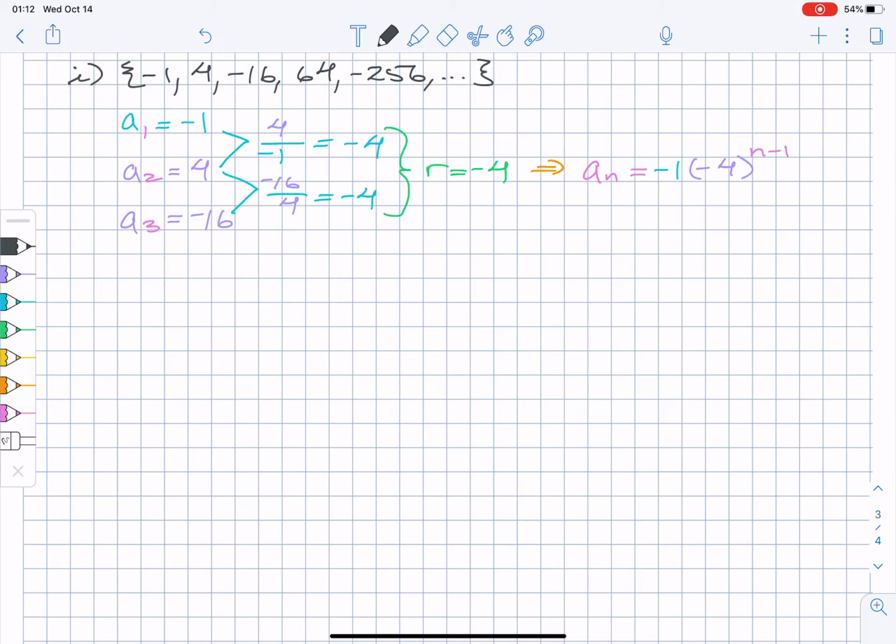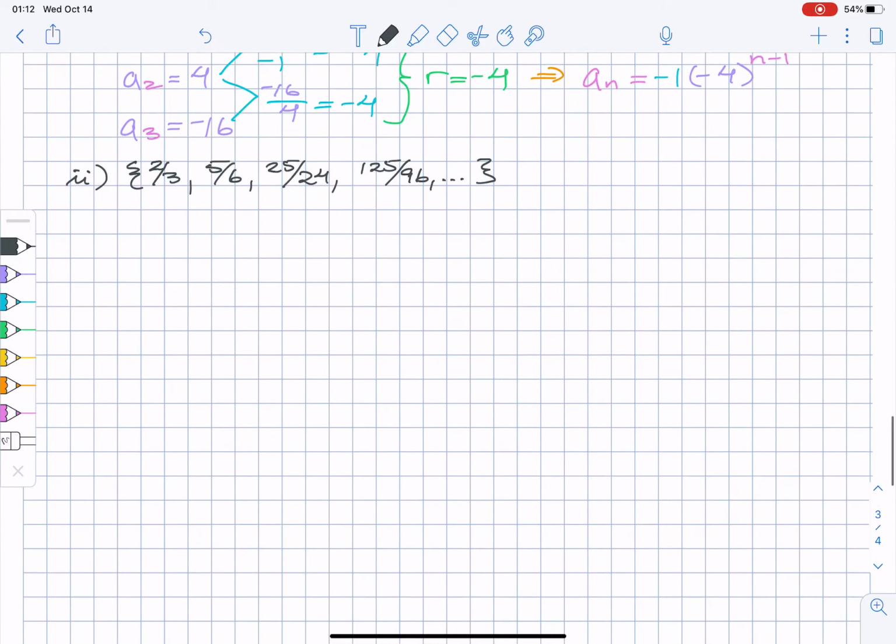Okay, so number 2, let's say we have the sequence 2/3, then 5/6, then 25/24, then 125/96, something like that.